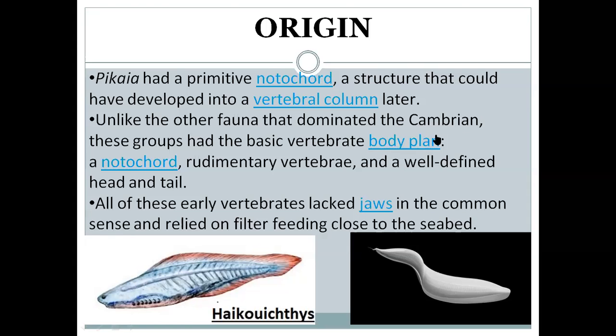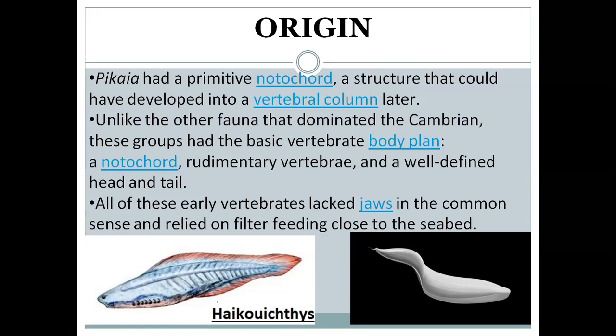During the Cambrian period, many different types of animal groups came into existence, but most of them were invertebrates. These new fishes, like Pikaia and Haikouichthys, had the basic vertebrate body plan. During the Cambrian, vertebrates were in the minority, both in number and in diversity.